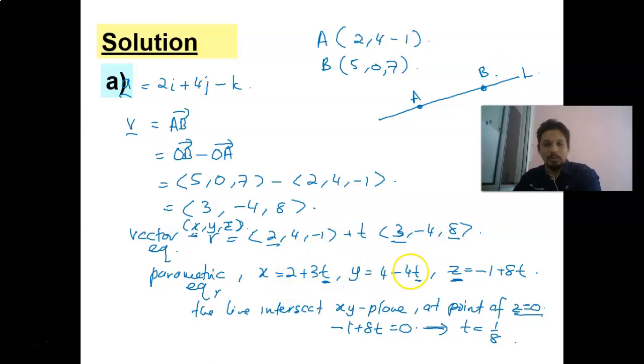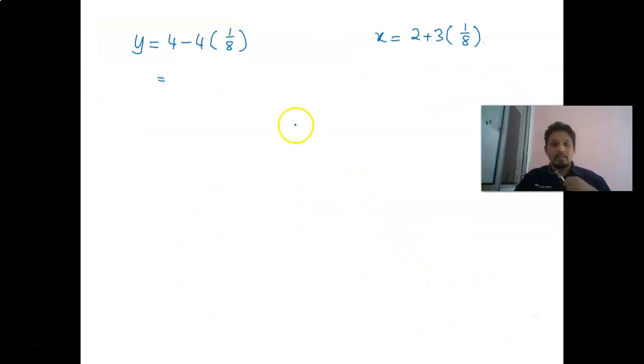Doing x first gives 19 over 8, and y is 7 over 2.